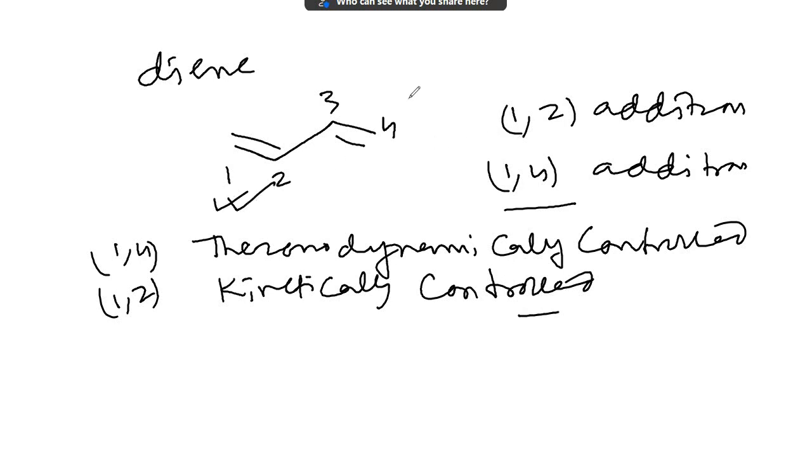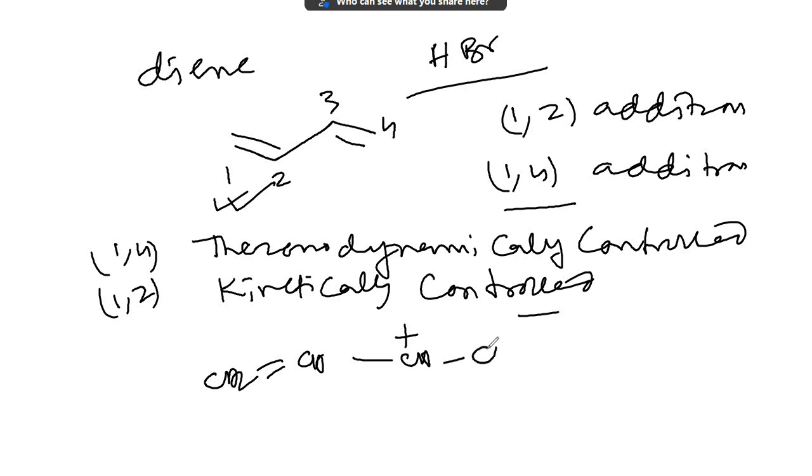Now, how does the addition take place with HBr or with Br2? Anyway, you can do either. First, it will form this. Br minus can attack over here, or due to resonance, there is one more structure.